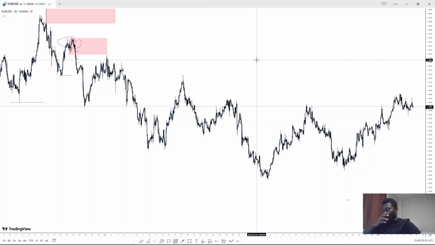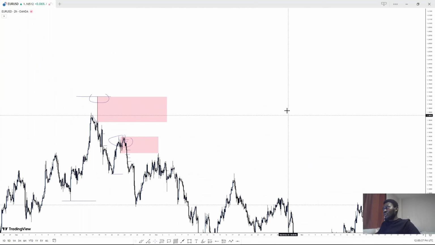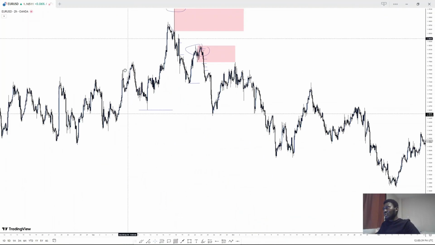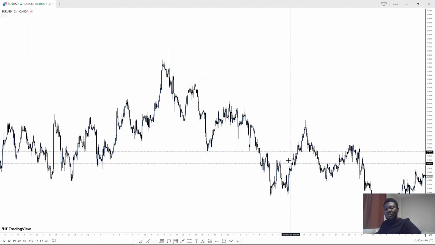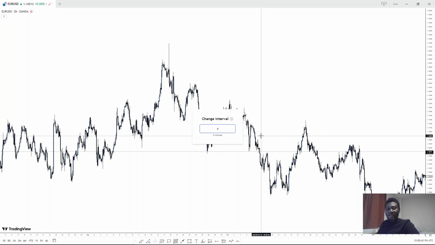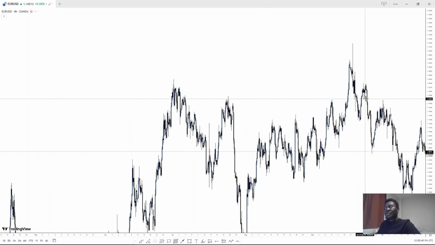So what I'm going to do is start from the higher time frame, read structure from there, and use the ideology of that to explain POIs, market structure, daily cycle variance and liquidity.